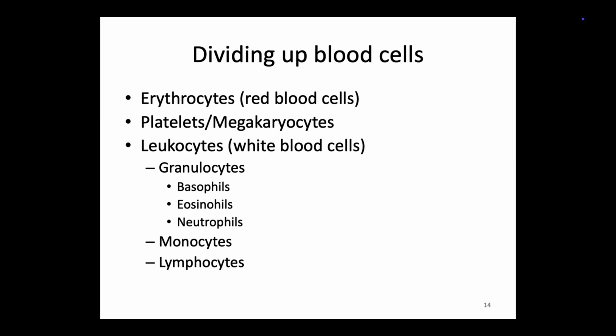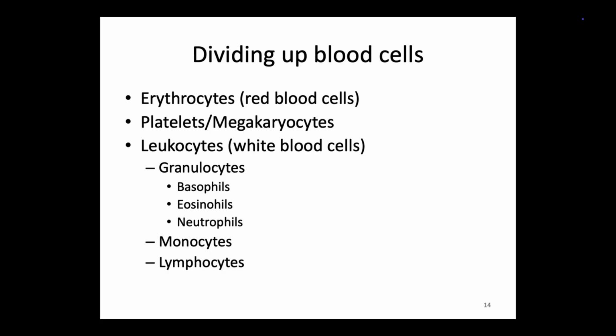But we can actually divide up those white blood cells into groups. There's one group called the granulocytes, one group called the monocytes, and one group called the lymphocytes. Those are the three big groups of leukocytes. Students often confuse the terms leukocytes and lymphocytes.